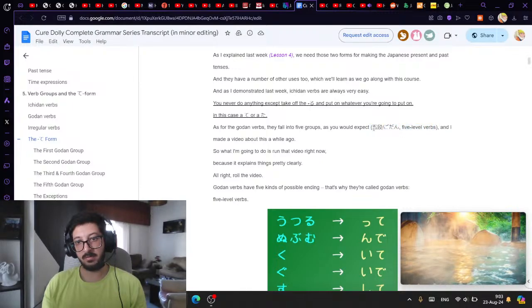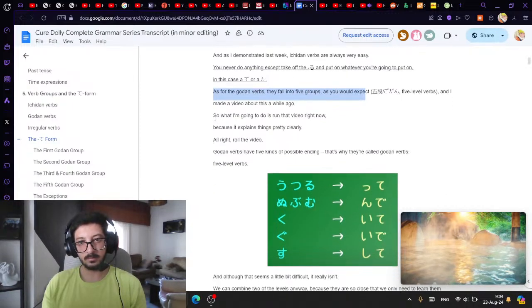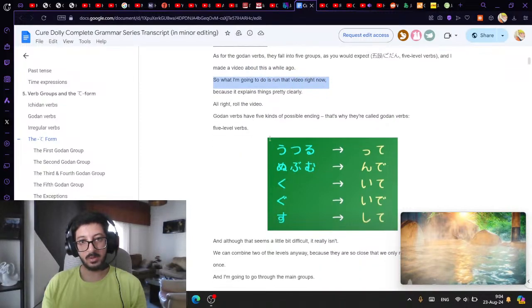Go means 5. Five level verbs. And I made a video about this a while ago. Godan falls in 5 groups. So what I'm going to do is run that video right now, because it explains things pretty clearly.